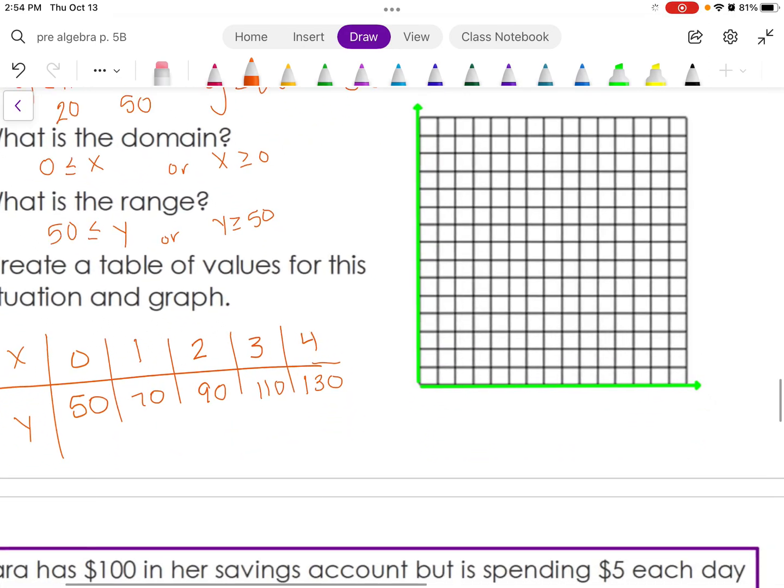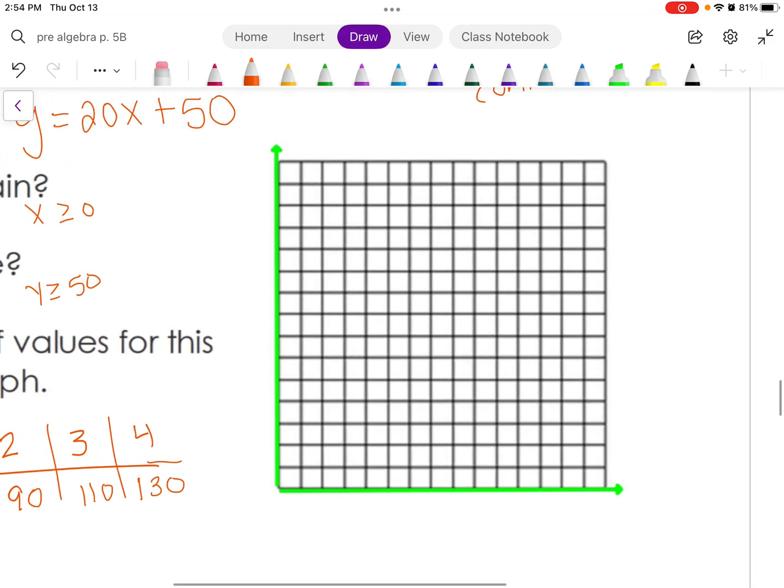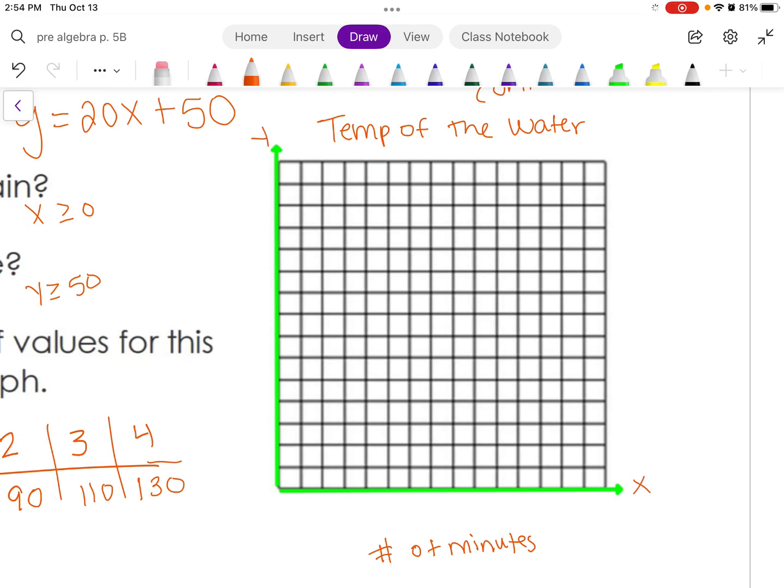So again, we want to label everything. I'm going to zoom in on my graph. So we're talking about the temperature of the water after each minute. So x would be my number of minutes. Here's x. And then y would be my temperature. Okay, well for x, again, when we're talking about minutes, it makes sense to say 1 minute, 2 minutes, 3 minutes, 4 minutes, 5 minutes, right?